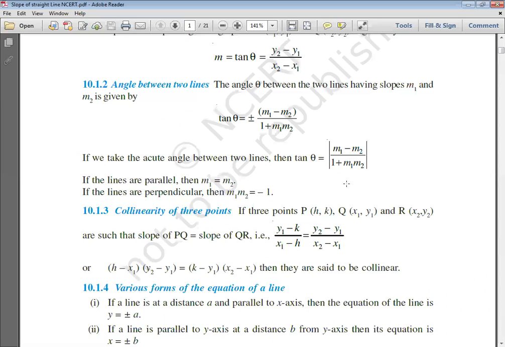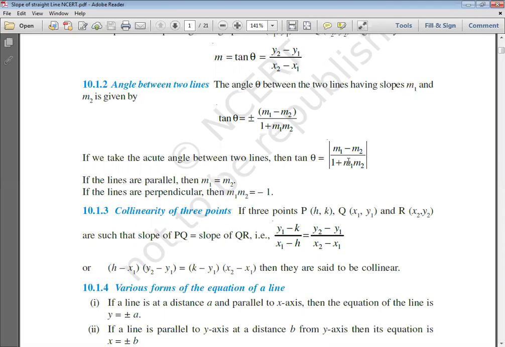Whatever value we get calculating m1 minus m2 by 1 plus m1 m2, positive or negative, this result will always be positive because of the modulus. So tan theta is a positive value, that means theta will be an acute angle. This relation gives us the angle theta between the straight lines.